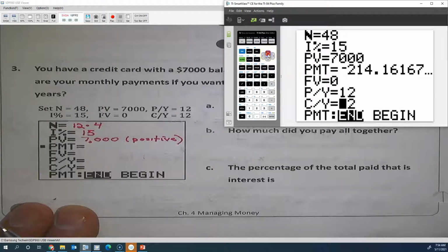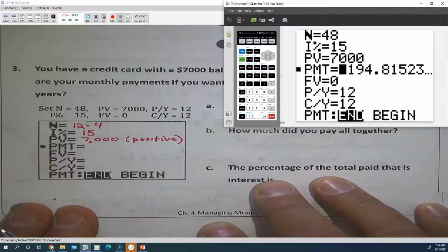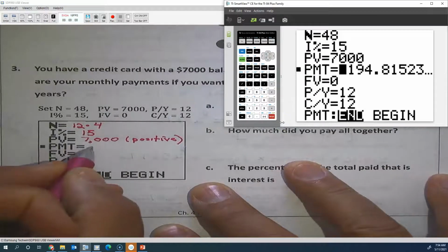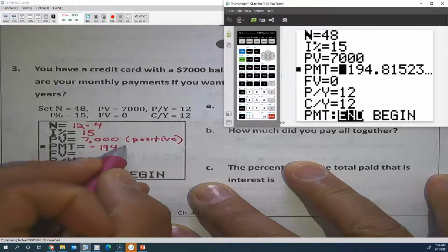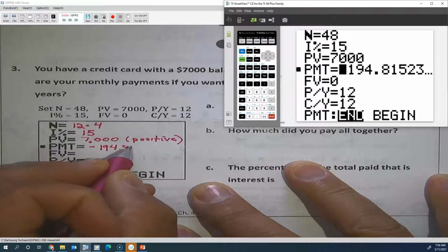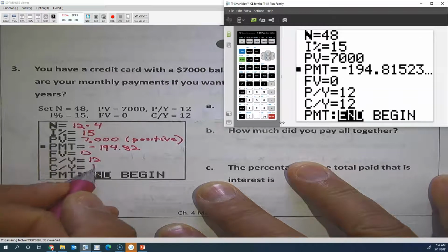Now go back up to payment and hit alpha, enter. And that's how much you got to pay per month. So this would end up being negative $194.82. And this one was 0, this was 12, this was 12.